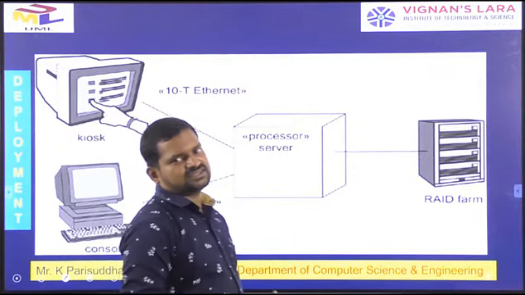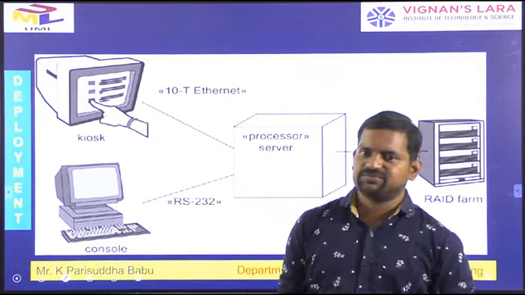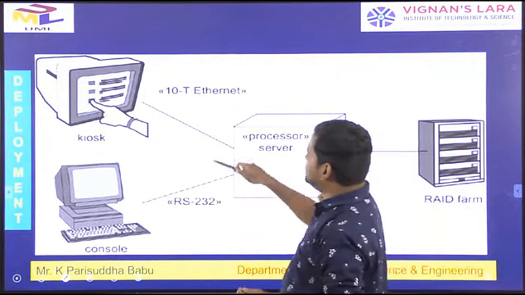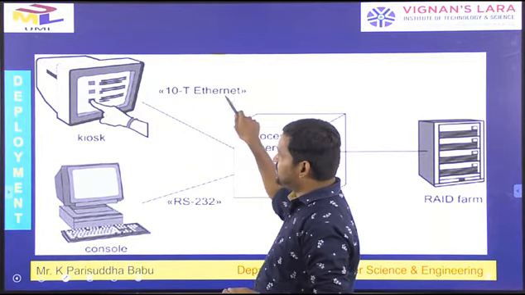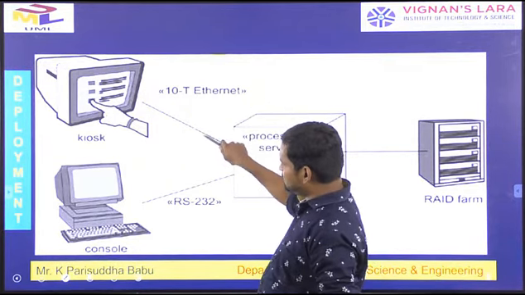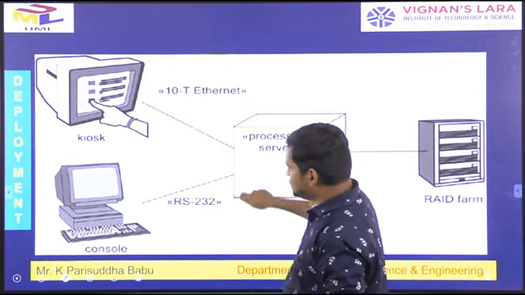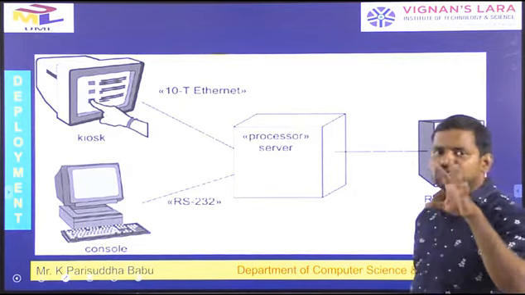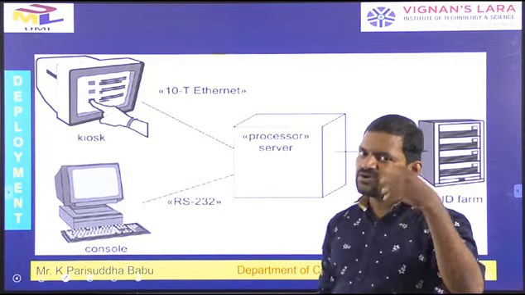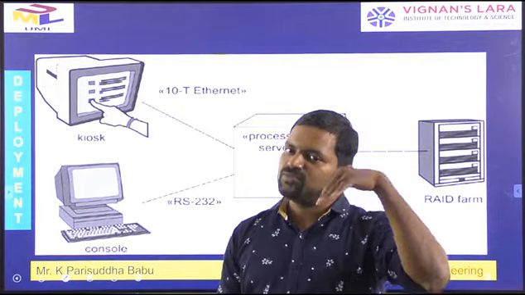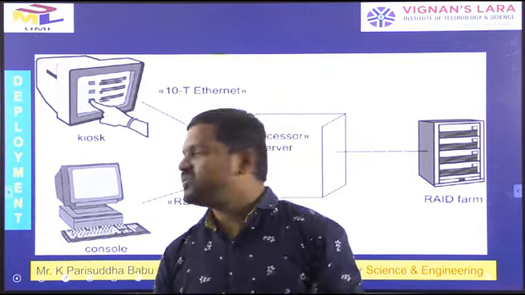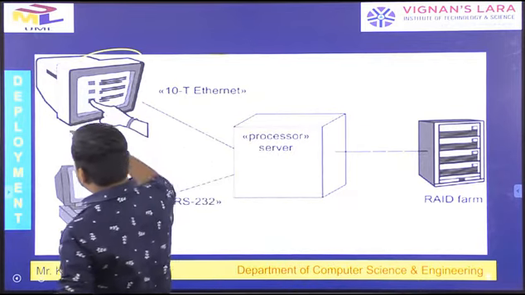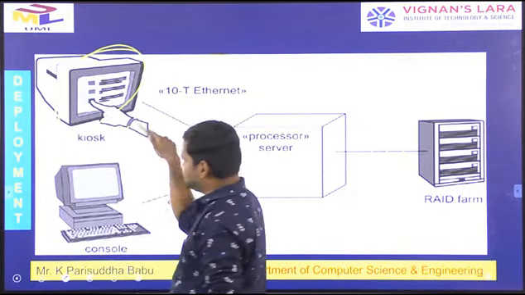See this example that we studied in the previous example. Here the 10T Ethernet is a connection of association. RS-232 connection is an association. All those are nodes. When we design the modeling of a particular deployment system, there you have to draw the icons. This is one icon of the kiosk system.